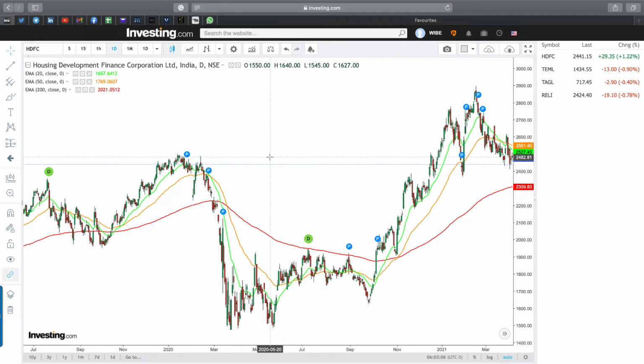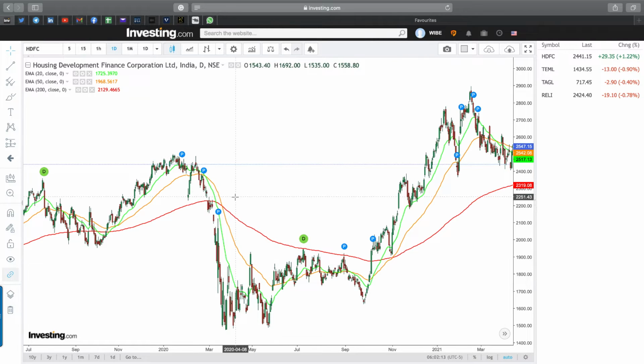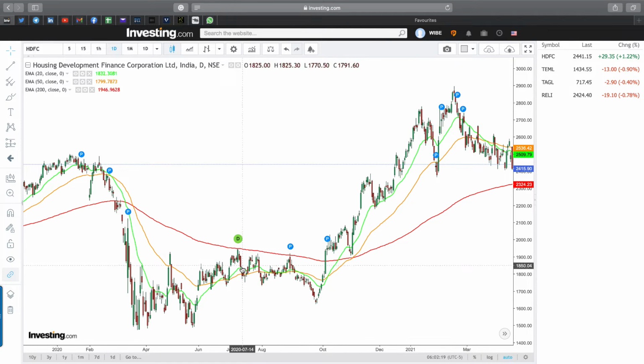When the 20-day moving average crosses below the 50-day moving average and the 200-day moving average, anything crossing below is called a dead cross, and anything crossing above, or crossover, is called a golden cross.